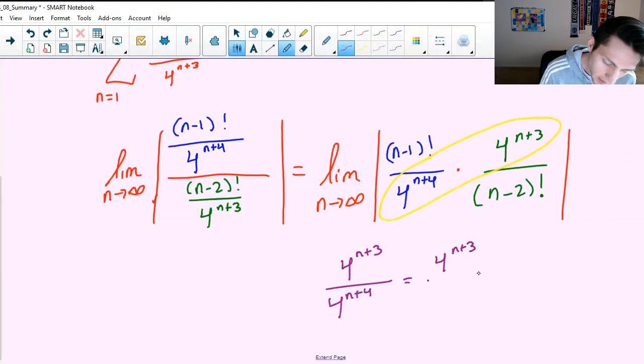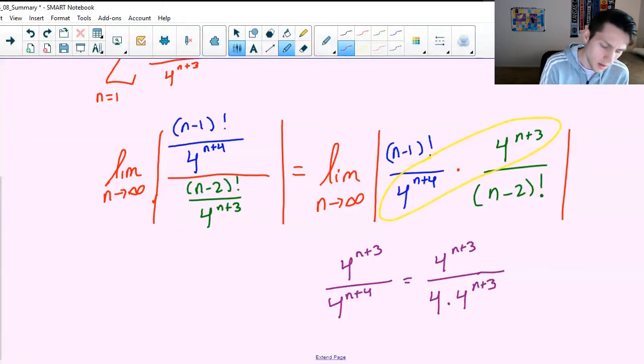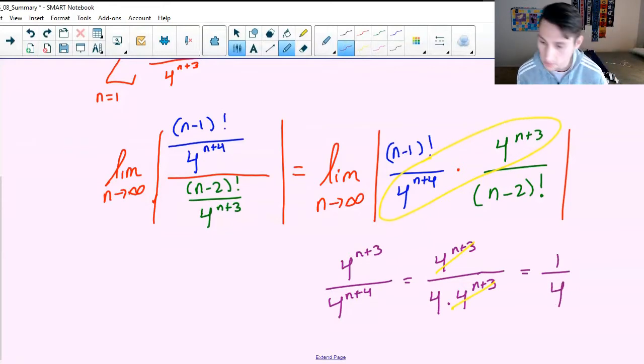Now that denominator, 4 to the n plus 4, if I take out a 4 from it, that would drop my exponent down by 1, so 4 to the n plus 3, which means I have 4 to the n plus 3 over 4 to the n plus 3. So that cancels, which means this is just equal to 1 over 4.